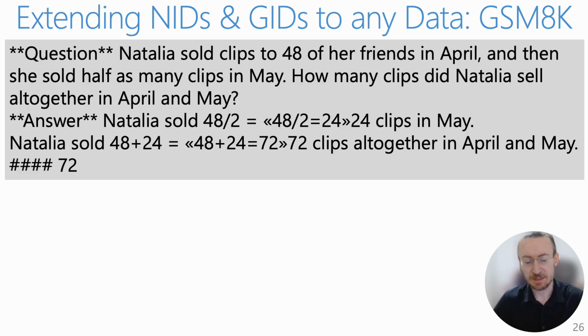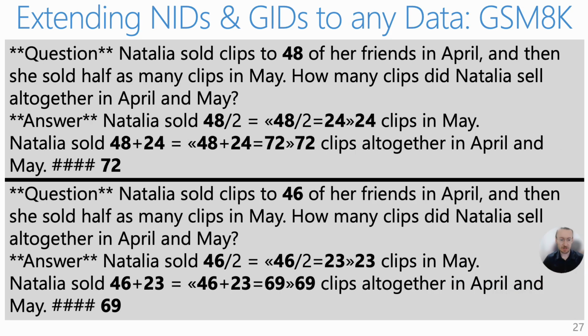So how can we extend this idea of natural identifiers and apply that to more natural text, something that we see on a daily basis? Actually, here the idea is that we can still design task-specific natural identifiers. The example here comes from the GSM-8K dataset, which is just a dataset of simple math problems.